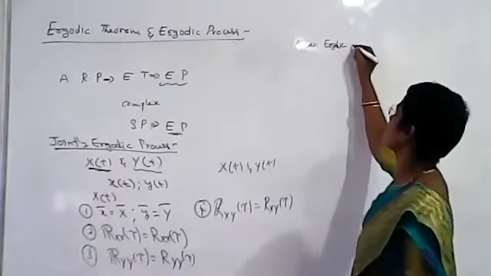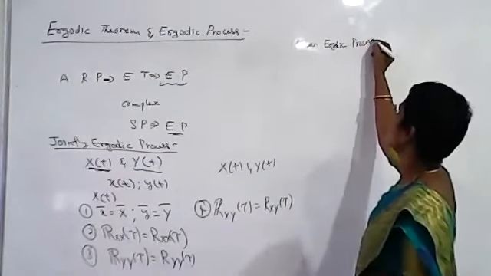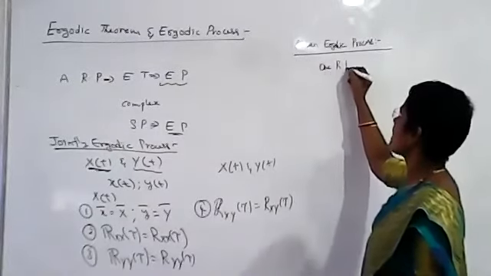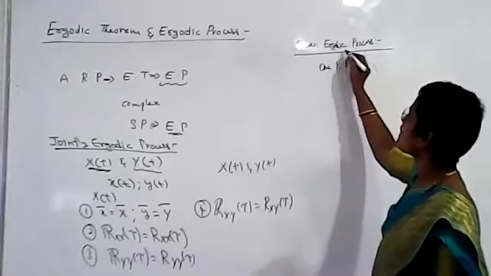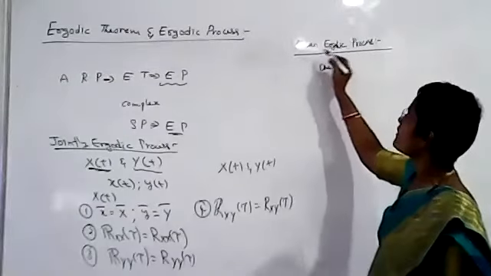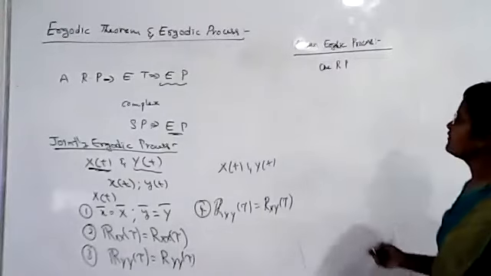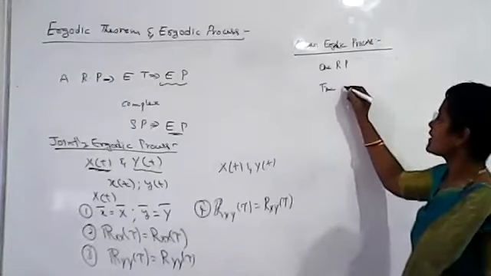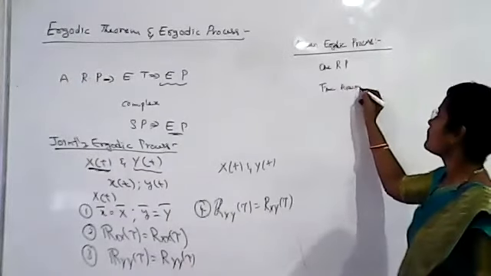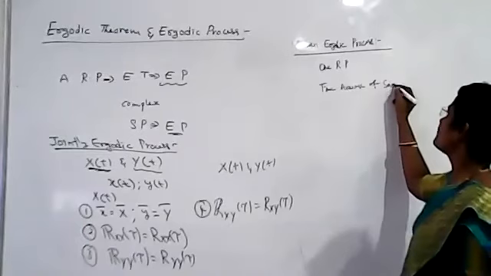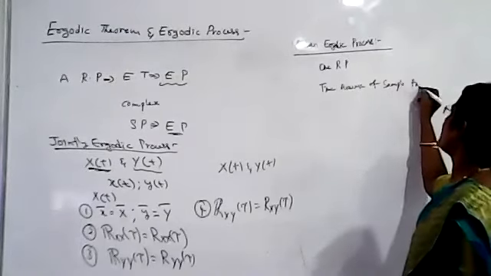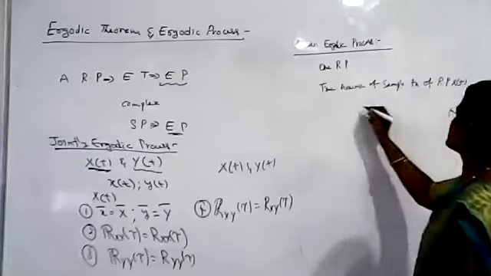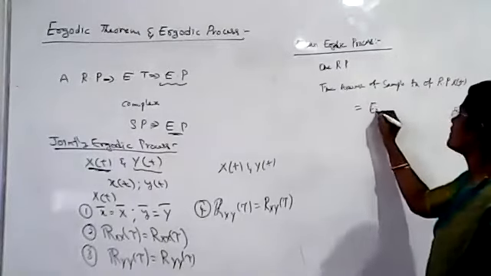So here we will be discussing only one random process. We have to take only one random process. This random process is said to be mean ergodic, or ergodic in mean, only if the time average of a sample function of the random process x of t is equal to the ensemble average.